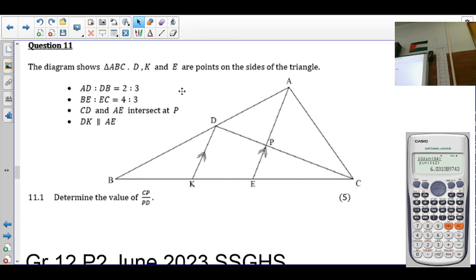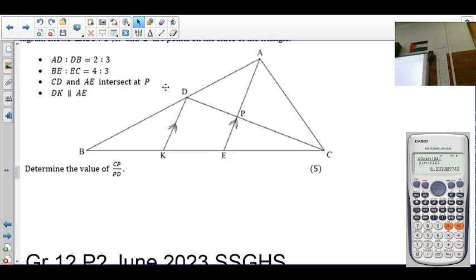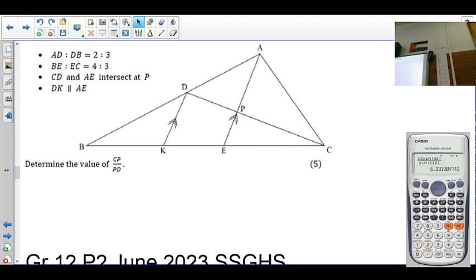Then we are told that D, K and E are points on the sides of the triangle. So 11.1. We are told that AD over BD is equal to 2 over 3.